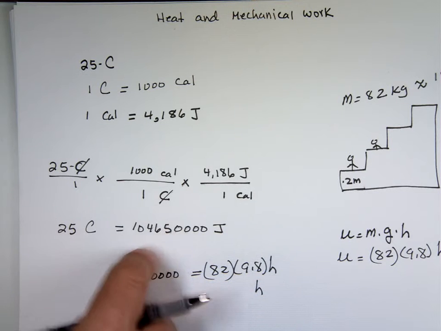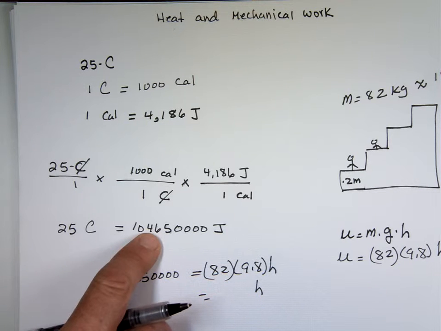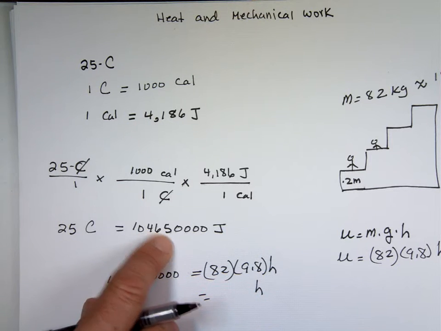25,000. Is that number correct there? Because it looks like lots of steps here. 25,000 times 4,186. 10,465,000. Yep.